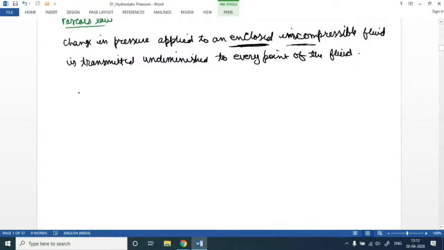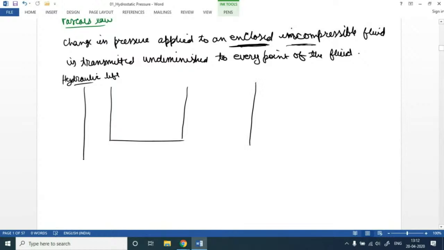Okay, so one simple example here is something called a hydraulic lift. This lift is used to lift a very heavy object with the help of less force.